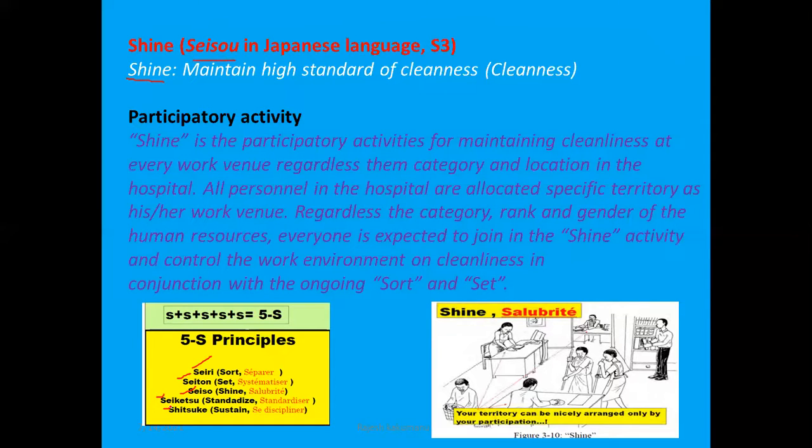These Japanese words are translated into English as sort, set, shine, standardize and sustain. So we are doing shine, which means maintain a high standard of cleanliness. When we work inside the workplace, the employer should maintain a clean and tidy atmosphere. Then only we can work with a positive attitude.